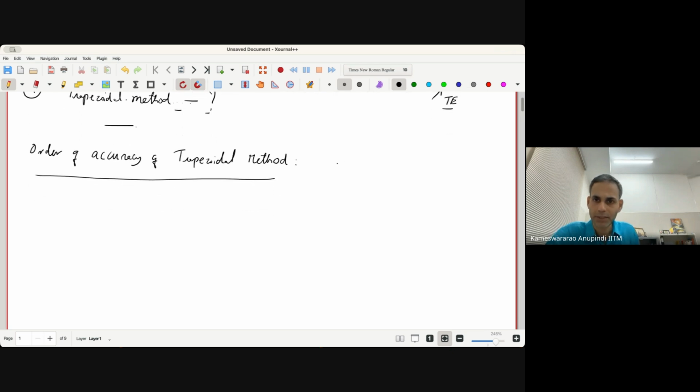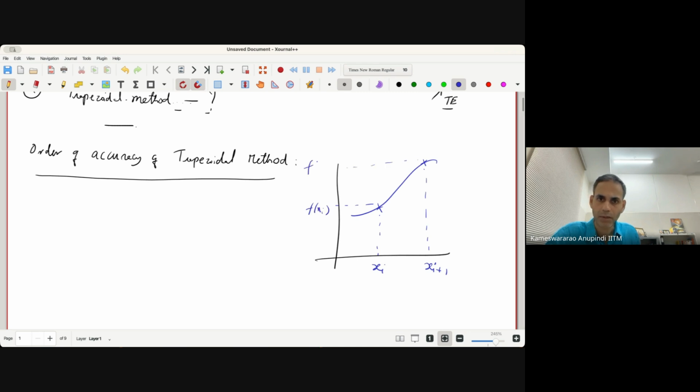So essentially we are trying to calculate for some function. Let us say we have f of xi. So this is xi, and this is xi plus 1. We have the functional values f of xi and f of xi plus 1, right? So xi plus 1 minus xi are separated by a value of h.